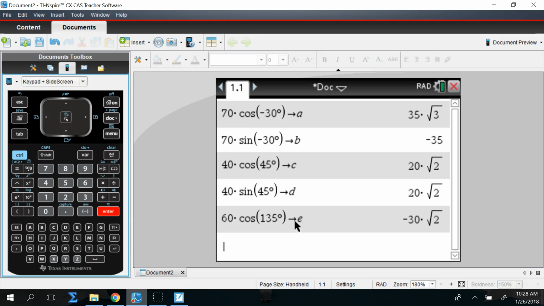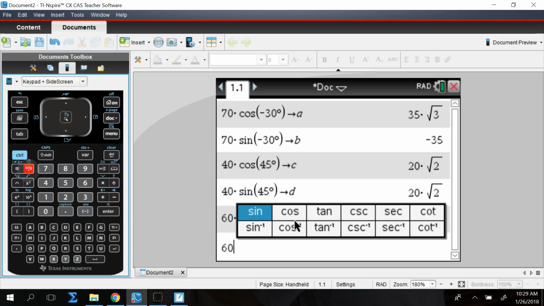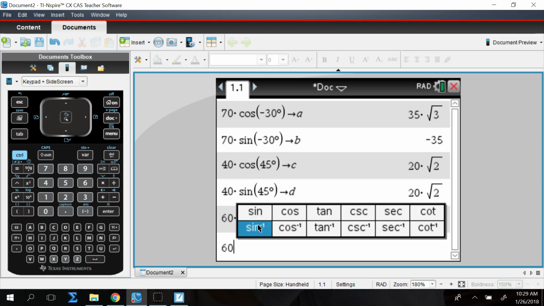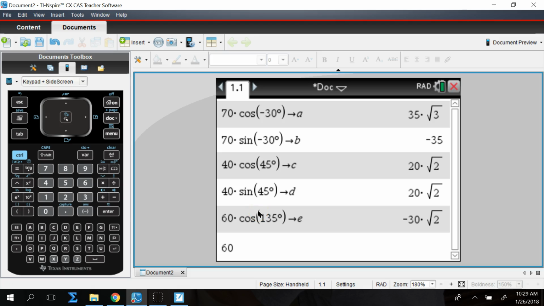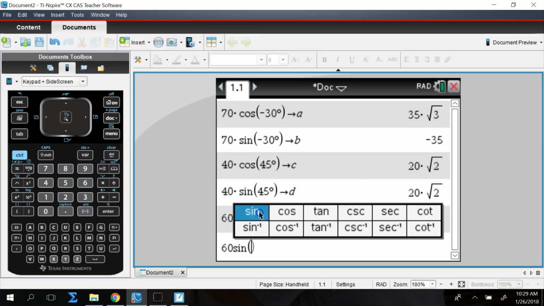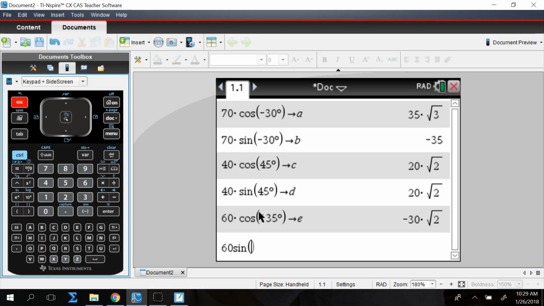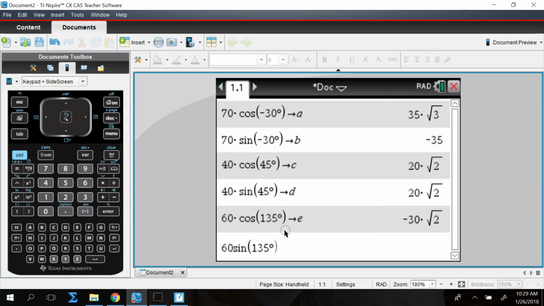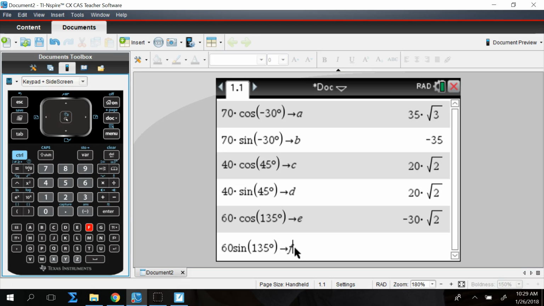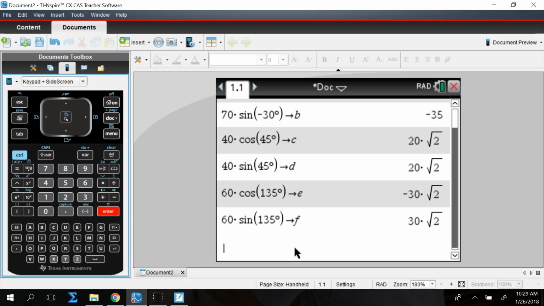And so my next one would be 60 times the sine. Oops, that's inverse sine. I want to go positive sine, times the sine of 135 degrees, and I want to store that as F then.